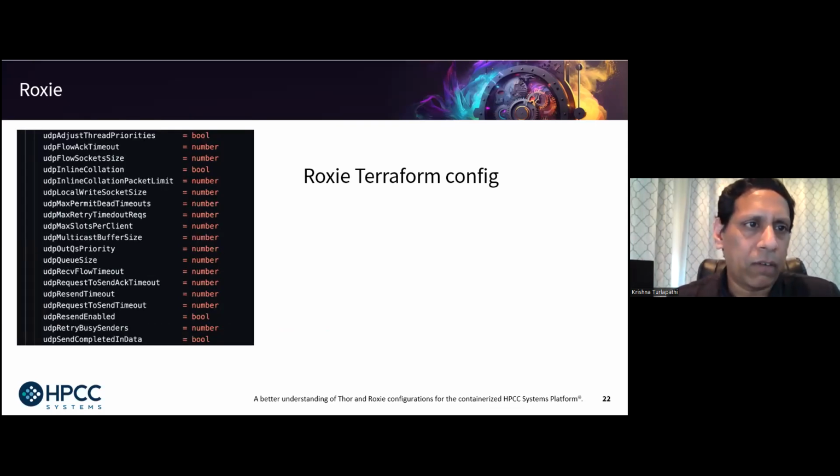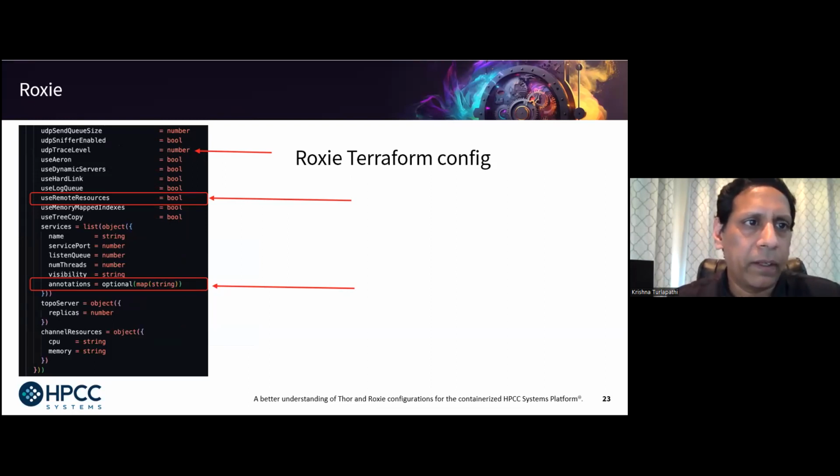Then you have a lot of options for tracking or tracing the UDPs. You have UDP adjust thread priorities, the flow socket sizes, queue sizes, request to send acknowledgement back timeouts, resend timeouts, request to send timeouts, retry busy senders, send completed in data.